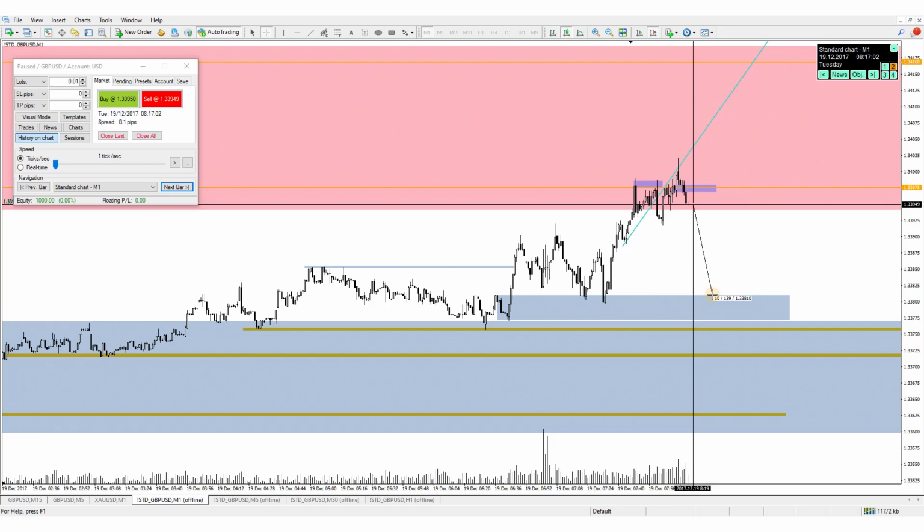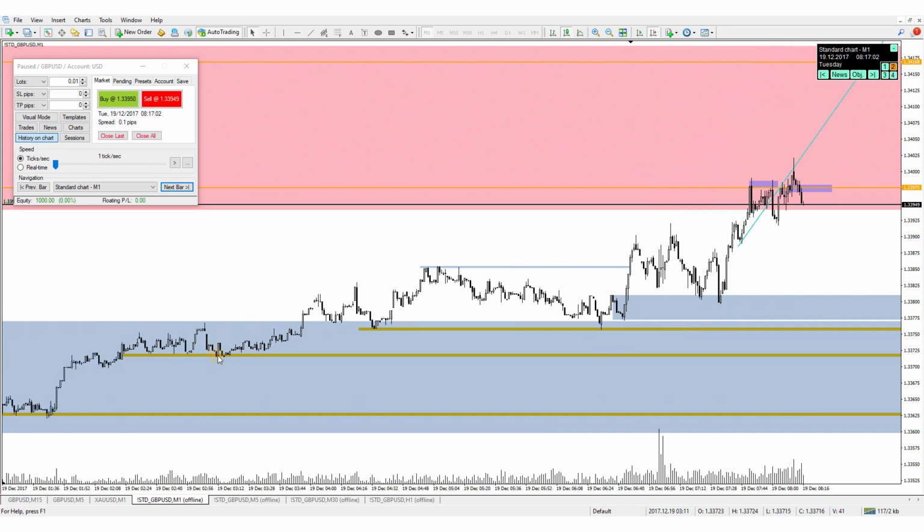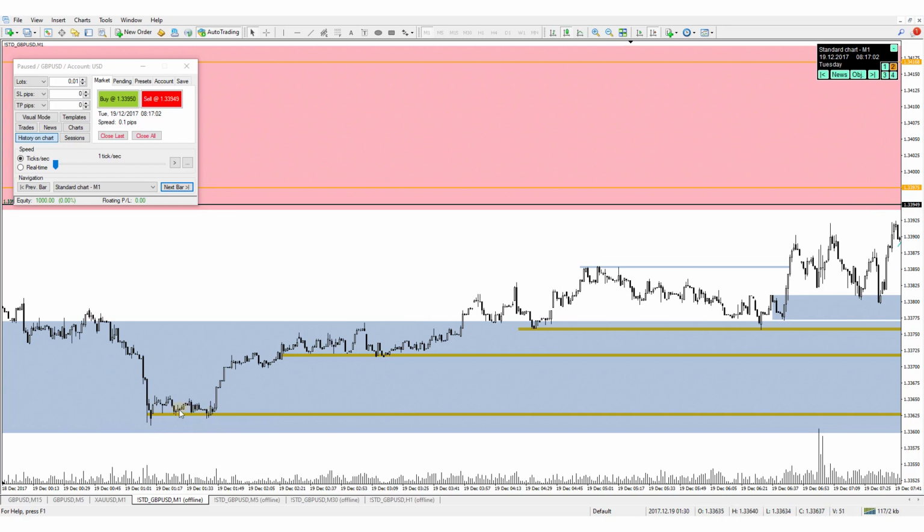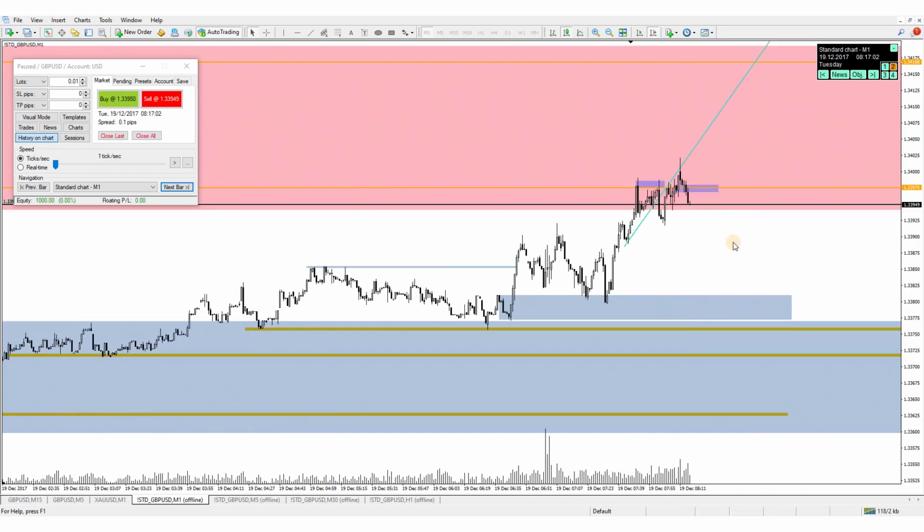But I also remember that here the price attacked the demand with high volume, so there are high chances to go lower to the equal lows here, here, or even here. Yeah, the Asian low would be a beautiful trade. Let's check how many pips. 32. Guys, over 1 to 10.